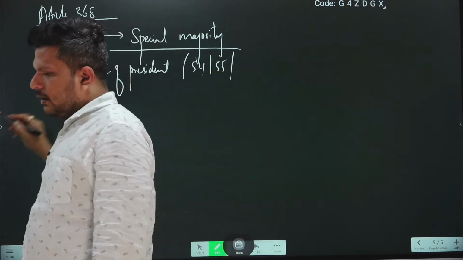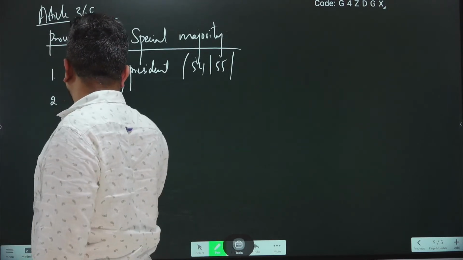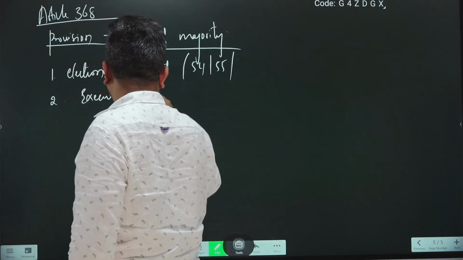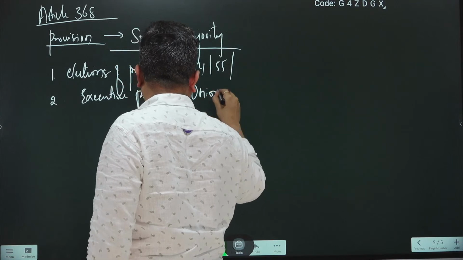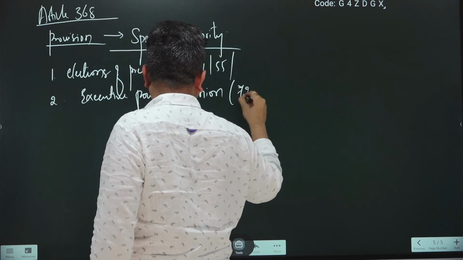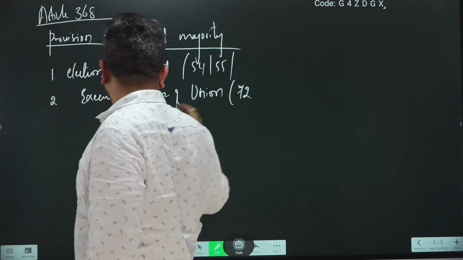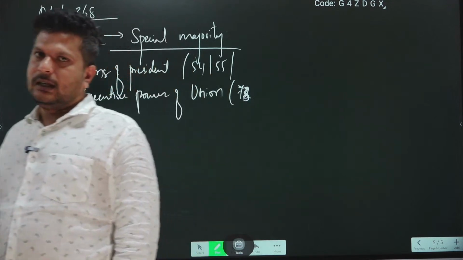In the same way, if there is any change in the extent of executive power of the union, under Article 73, and sorry, 72 is states, 73 is union.